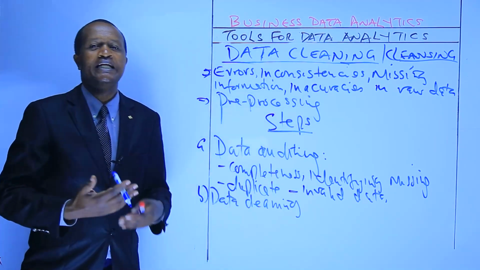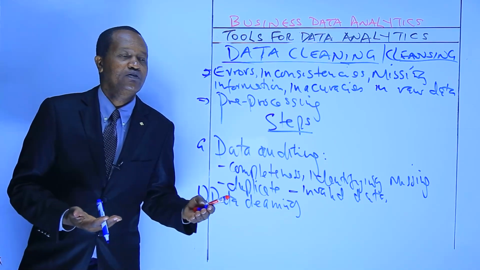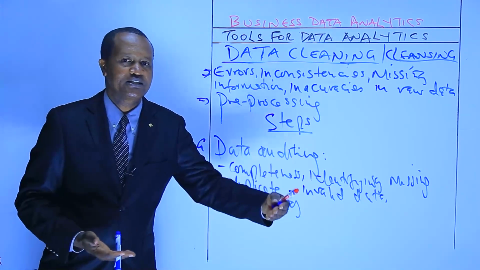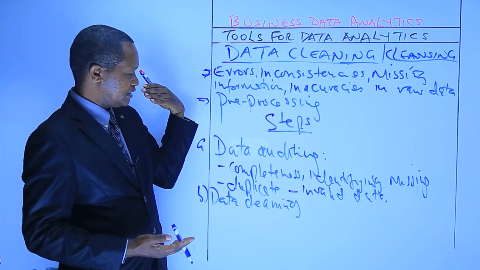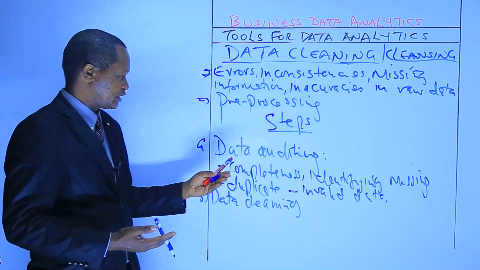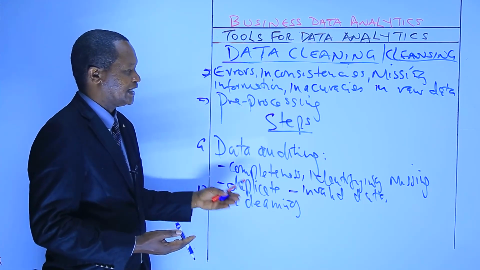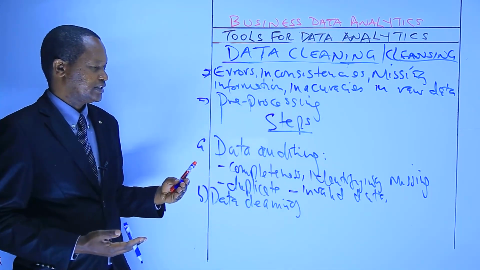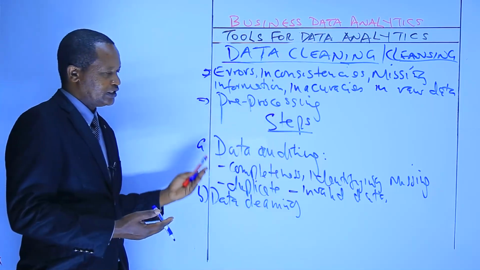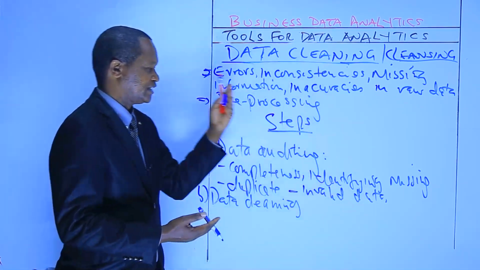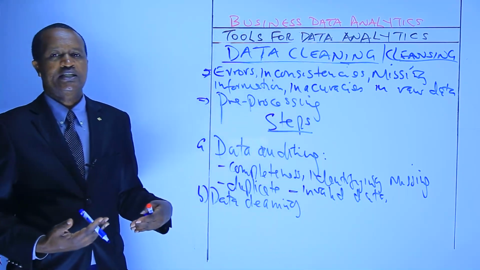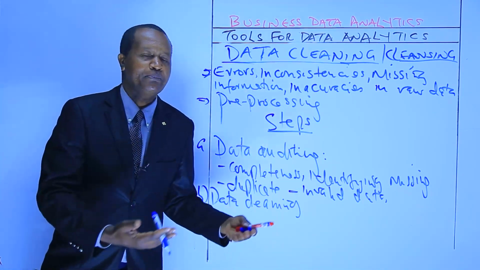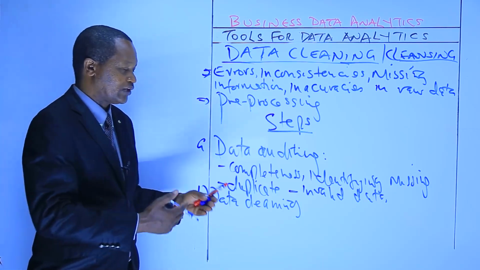Then there is data cleaning. Cleaning data, candidates, involves correcting errors. It may involve removing duplicates. Of course, here remember it is identifying if there is any duplicate, identifying if the data is incomplete, identifying if the data is invalid. Then the second step is to remove the duplicates, to fill in the missing values. That is now cleaning.